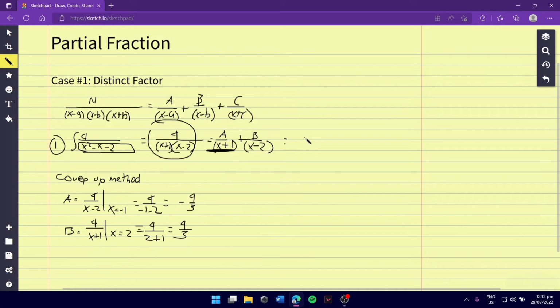So next, substituting that, we have the integral of -4 thirds over x plus 1 dx here, and then plus the integral of the second term, which is 4 thirds over x minus 2 dx.